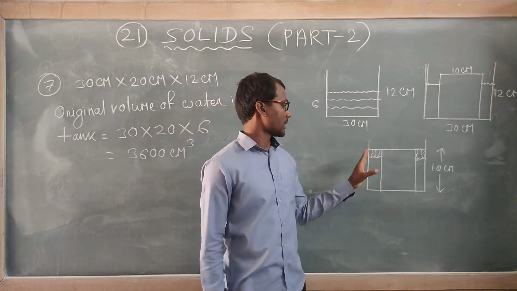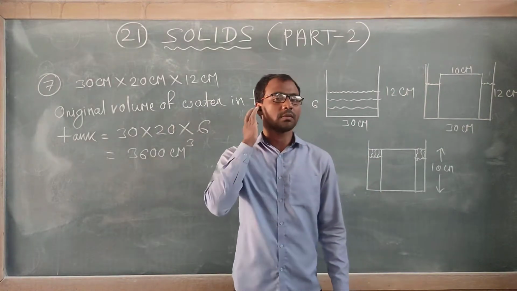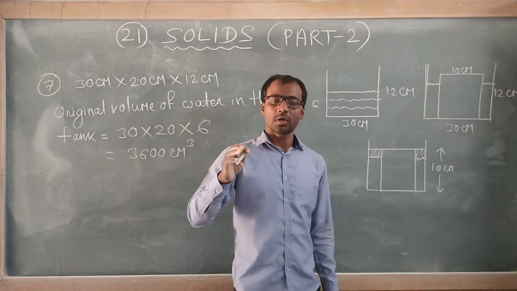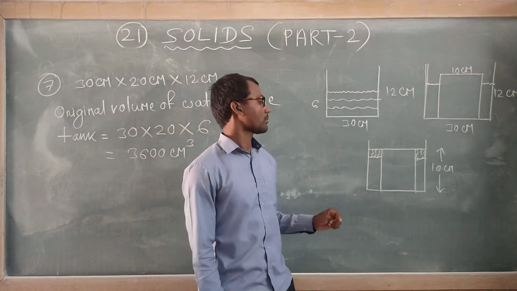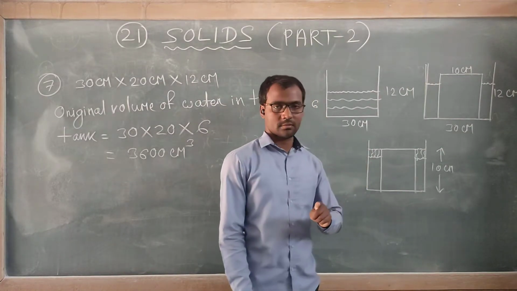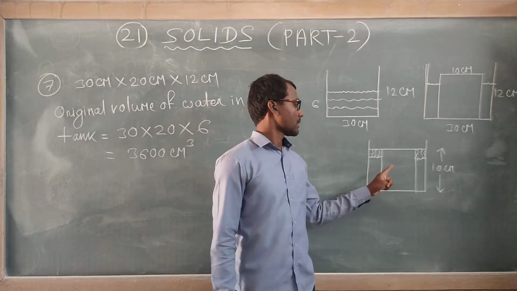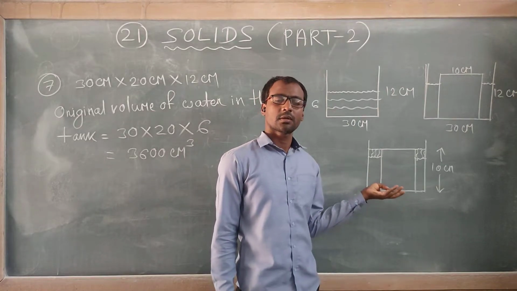Can I say here total volume of water. Don't think about this 3600 or the increase in the volume of water or how much extra water has been poured. Simply think of the total volume of water present here plus the volume of the cube, because the cube is also inside the container.